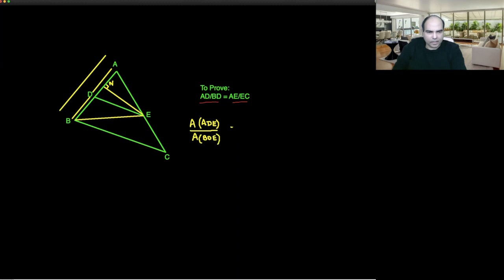And since the height is EN for both these triangles, I mean, if you remember your pictures, and that's one of the things I keep telling you, that geometry is to be organized in your mind in the form of pictures. This is the height of the triangle.